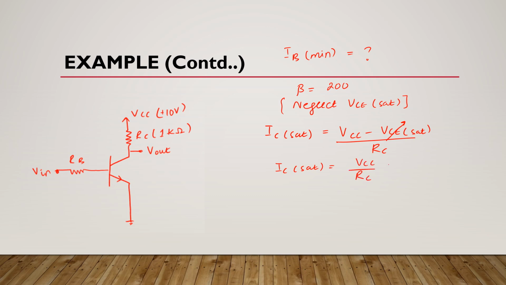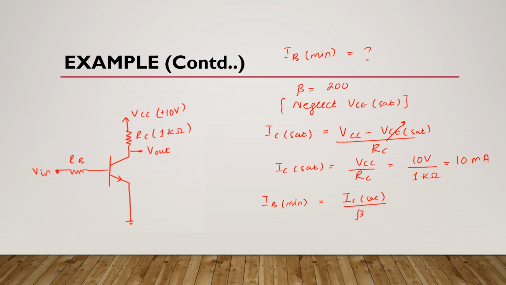Here we know that VCC is 10 volts and RC is 1 kilo ohms. It means this saturated collector current is 10 milliamperes, and we know that the formula of minimum value of base current is equal to the saturated value of collector current divided by beta.